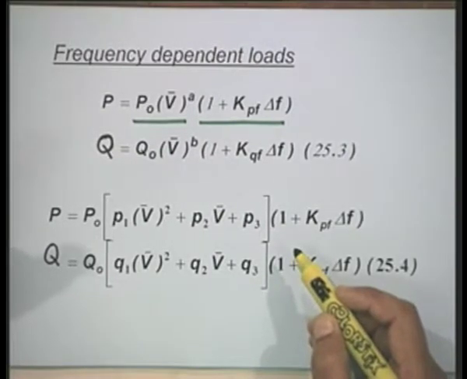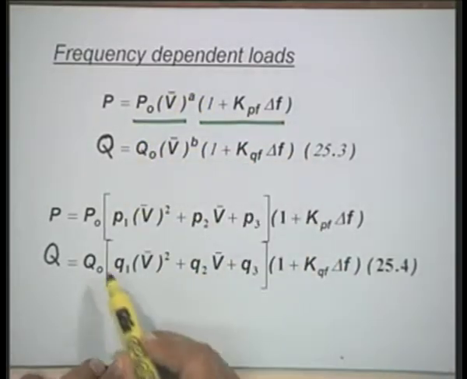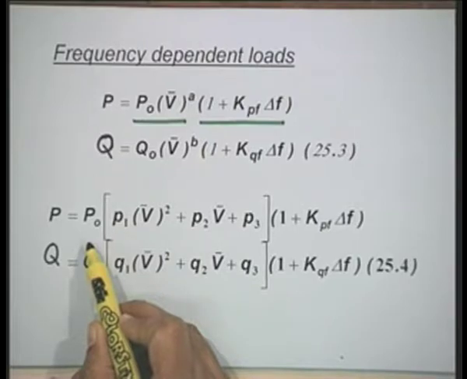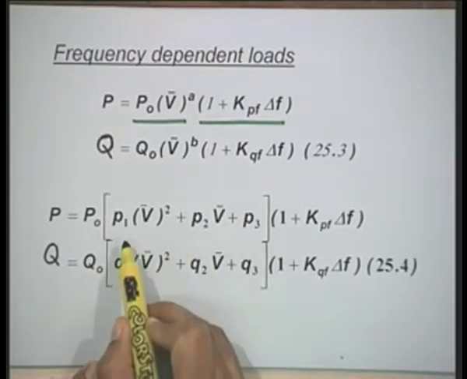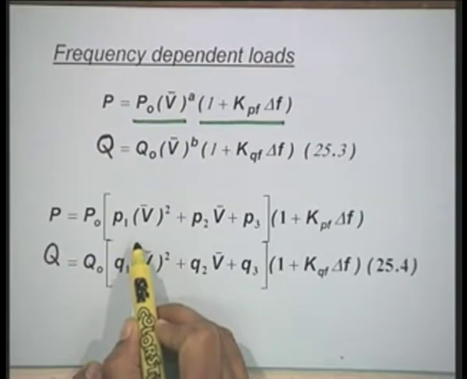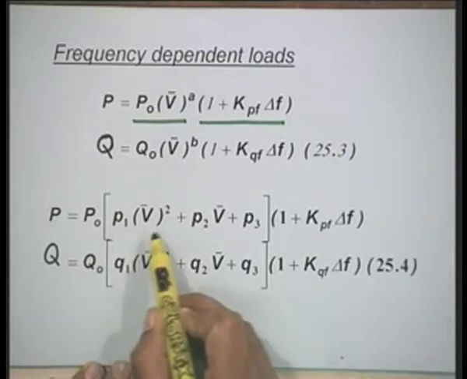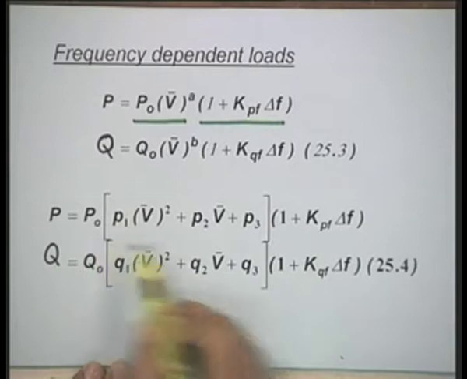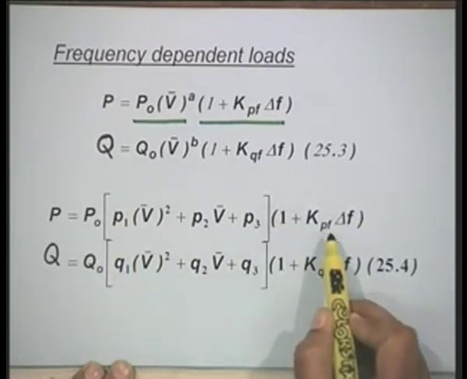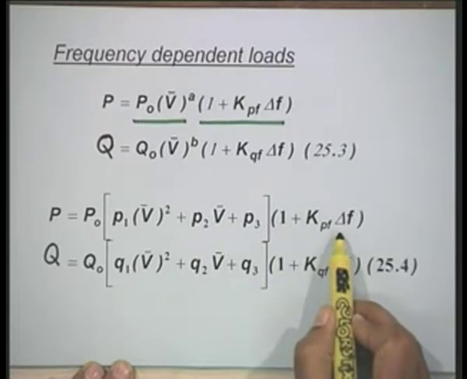in the sense that both P and Q are now represented as functions of system voltage magnitude and frequency deviation. Now, suppose we represent the load by the ZIP representation. So, you can represent P equal to P naught into P1 V bar square plus P2 V bar plus P3, and then this whole thing is multiplied by the factor 1 plus Kpf into delta f.